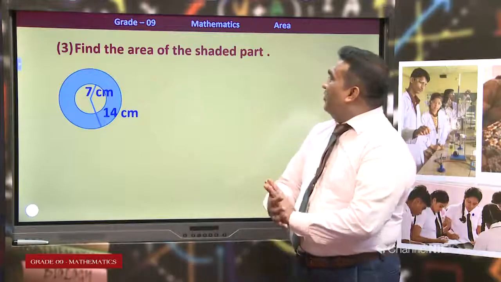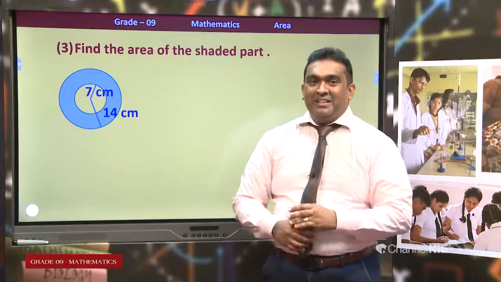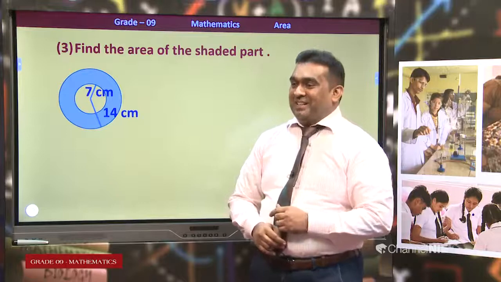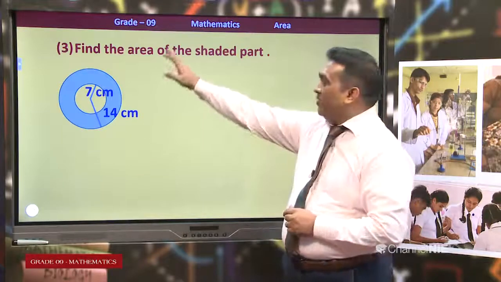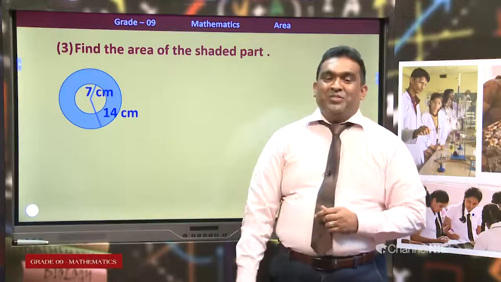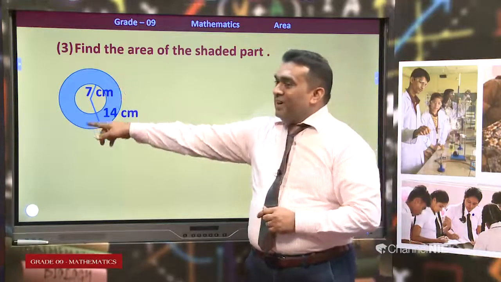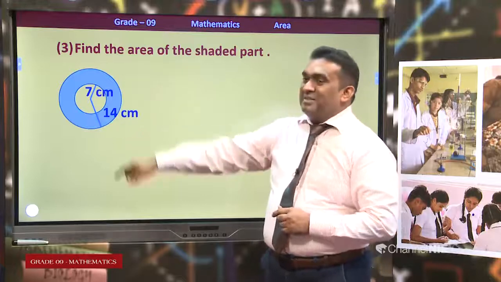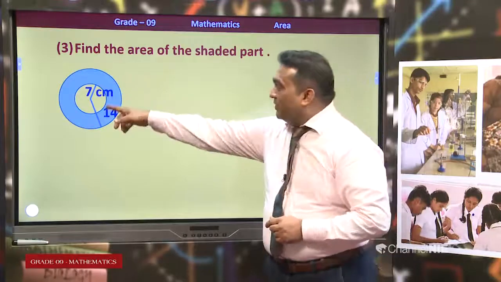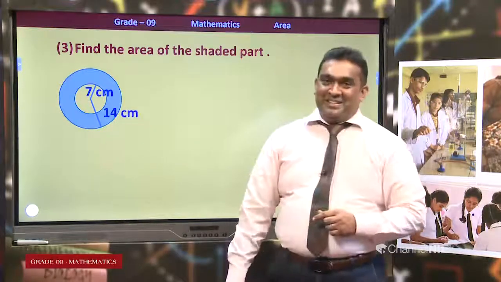Now, find the area of the shaded part. If you want to find out the area of a shaded part, what to do? Area of the larger circle minus area of the smaller circle.